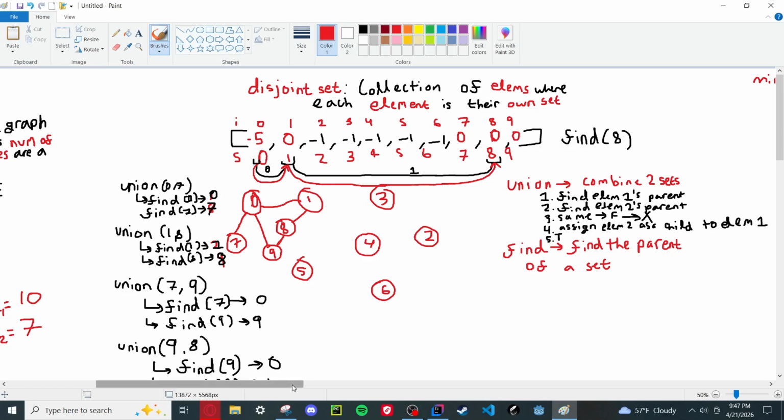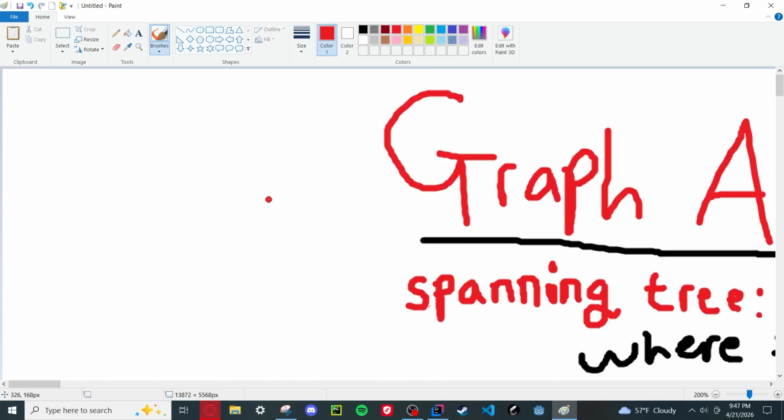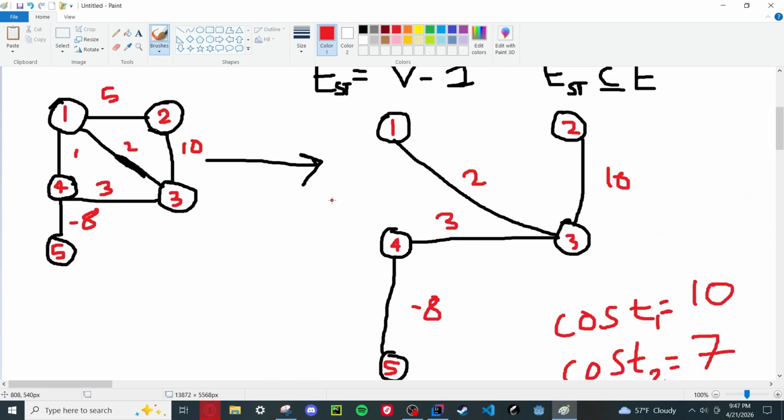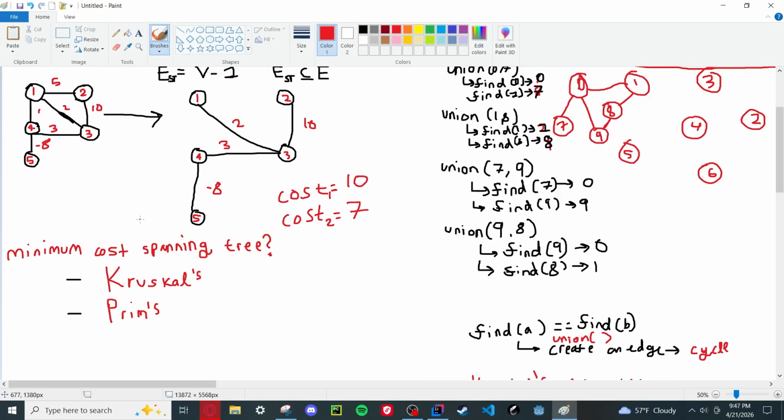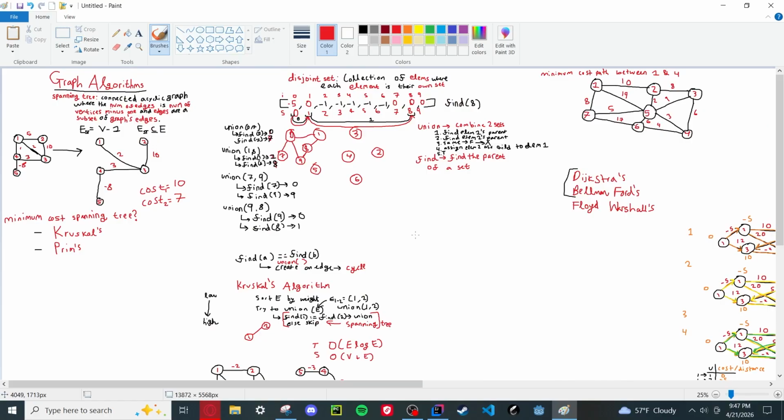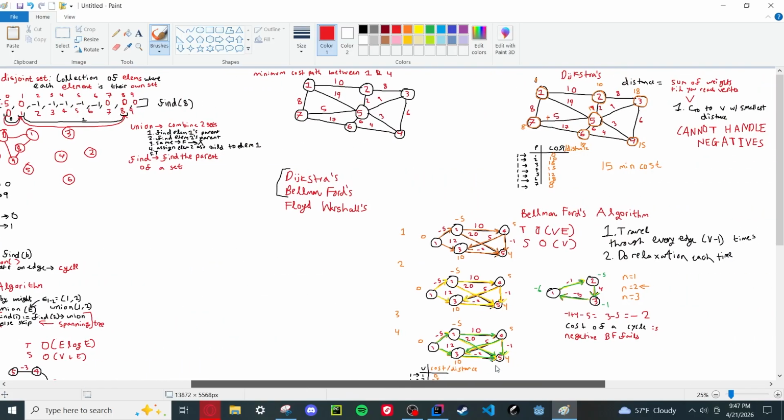But yeah, so that is graph algorithms. We covered a lot. We covered spanning trees, minimum cost spanning trees. We covered Kruskal's. We covered Prim's. We covered disjoint sets, the union find, and how disjoint sets relate to Kruskal. We covered the minimum cost.